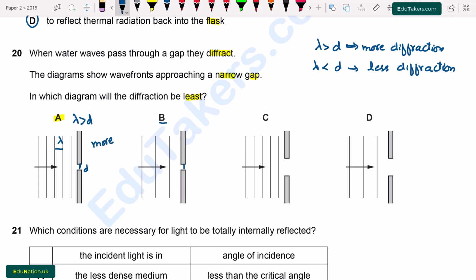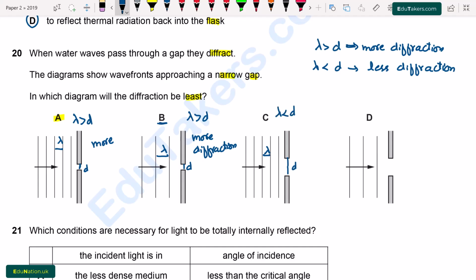In B, we can see here the distance is this, which is the wavelength, and D is this. Here again lambda is greater than D, so there will be more diffraction. In diagram C, we can see here the wavelength is smaller as compared to the distance.